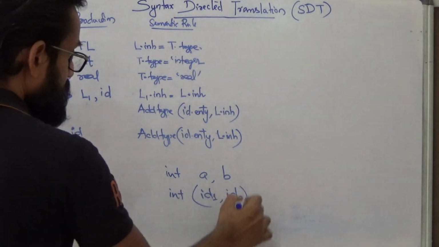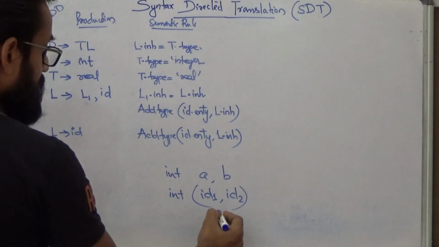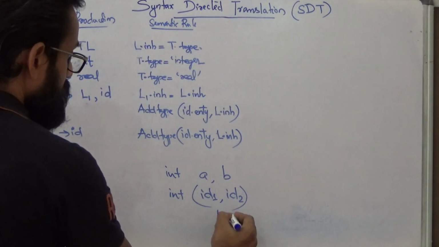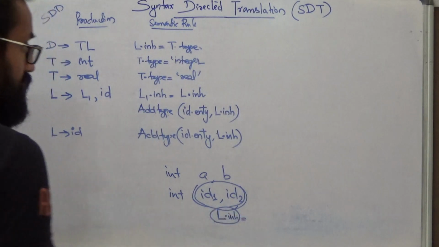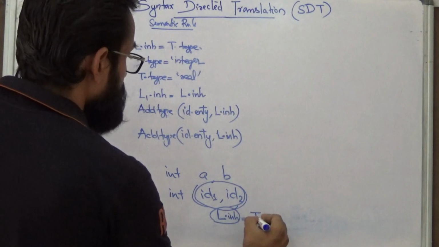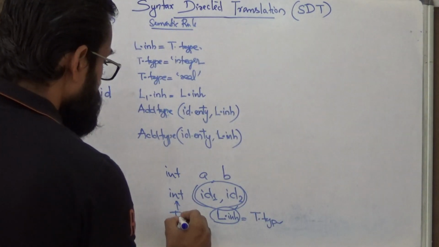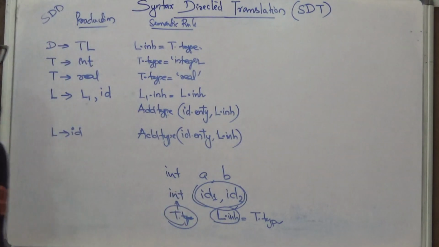So this is actually a list of identifiers. So the list will have the type. So this list will have the attribute L.inh, and that will have the type T.type. So this is actually T.type, the attribute associated with this type.